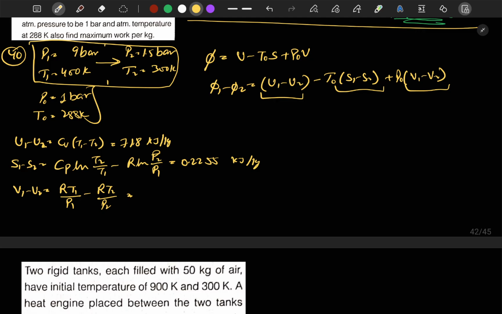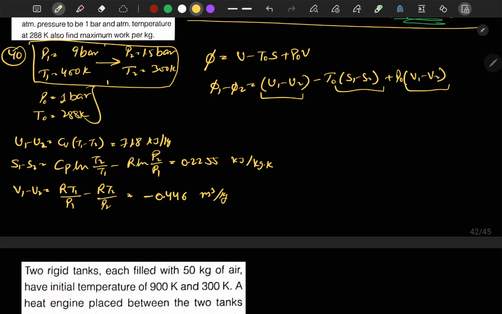Now we multiply it by R, 0.287, divided by 0.257 into 0.287. So we get the value of V1 minus V2 to be 0.446. This is in meters cube per kg, of course.